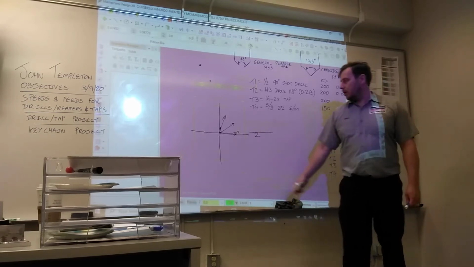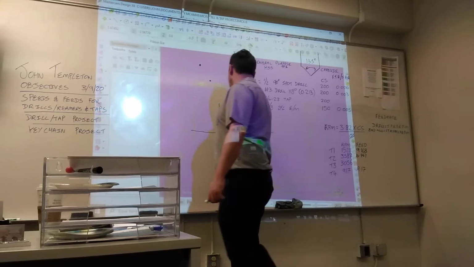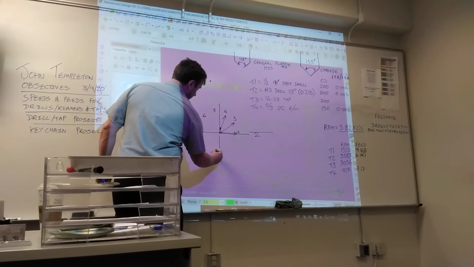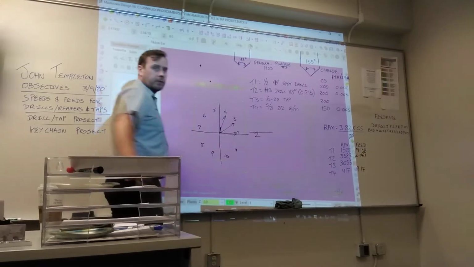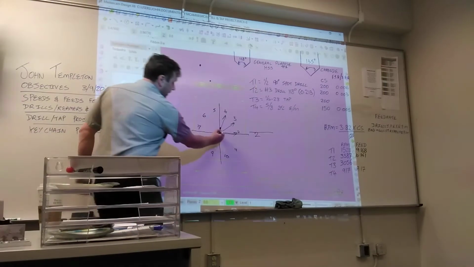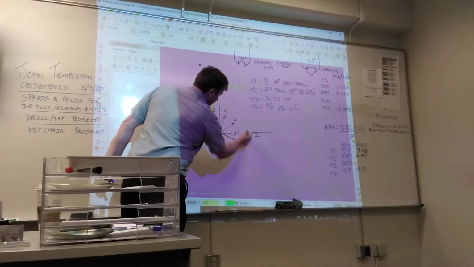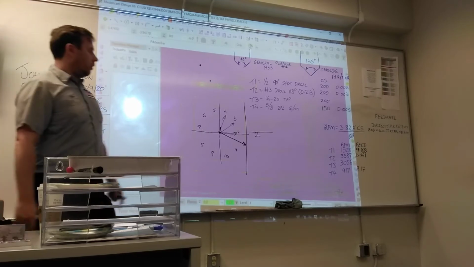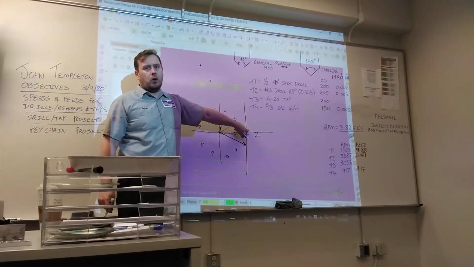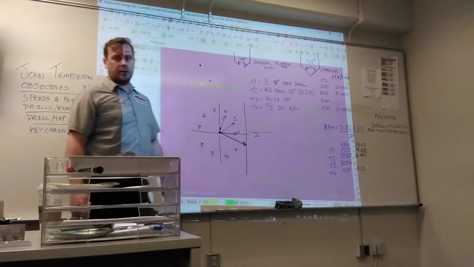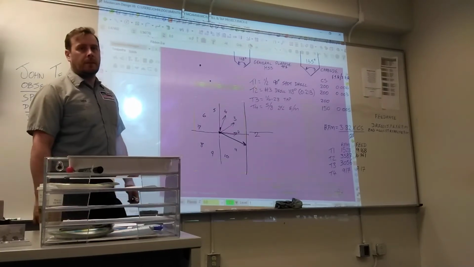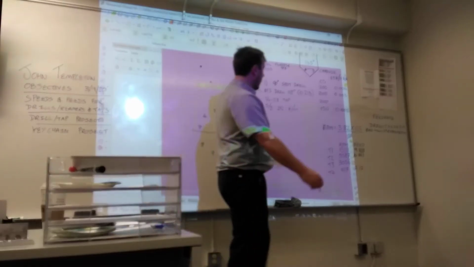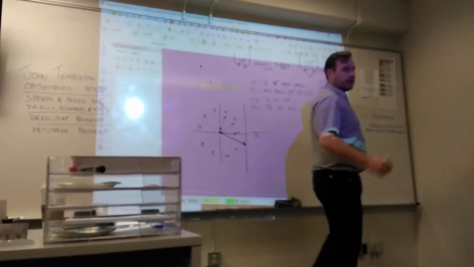The distance from the center to this line is 1.5, but your holes are on a 2-inch bolt circle, so it doesn't matter what size your part is. So hole 2, you're going to put X1, Y0.